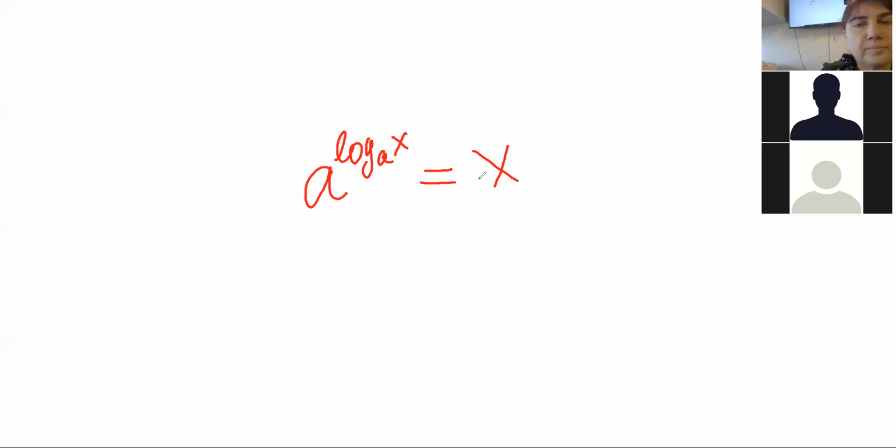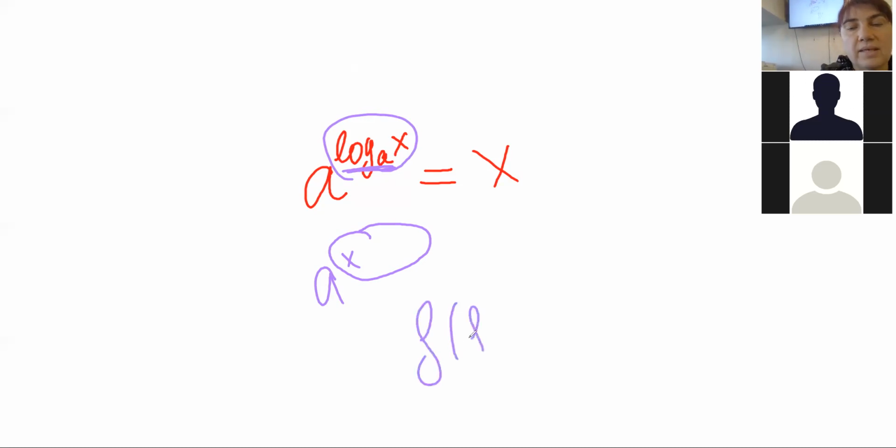But if you think about it, a to the power of x is the exponential function, and the logarithm is the inverse of the exponential. So you have f of f minus 1 of x, technically, which is x.